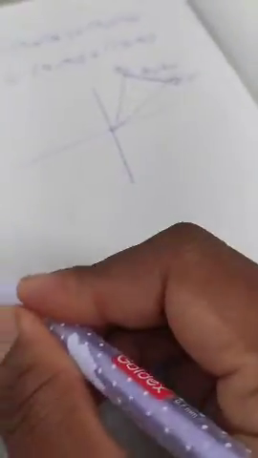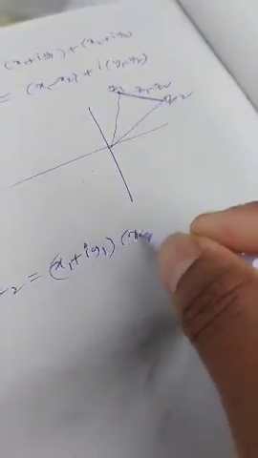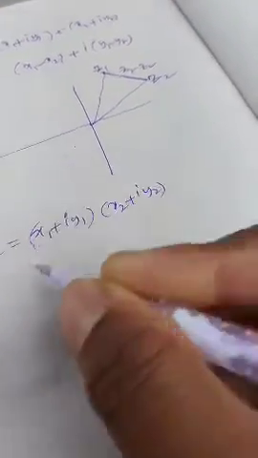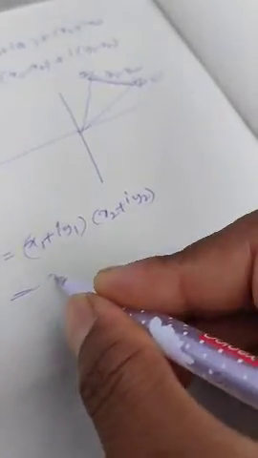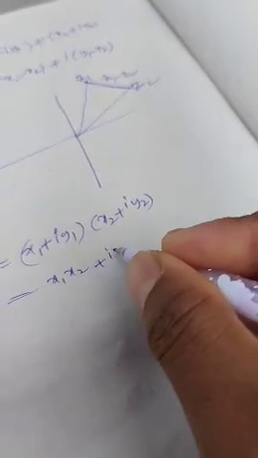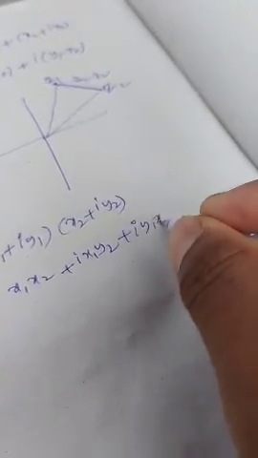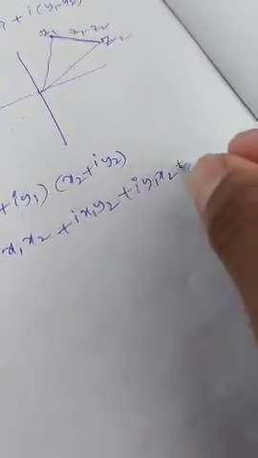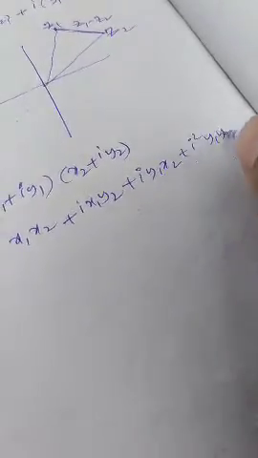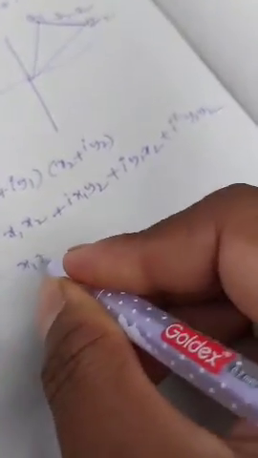Next, the product, Z1 into Z2. That is (x1 plus iy1) into (x2 plus iy2). Multiply with x1 first: x1 into x2, x1x2; x1 into iy2, i x1y2; then iy1 into x2, i y1x2; and i into i, i squared y1y2.